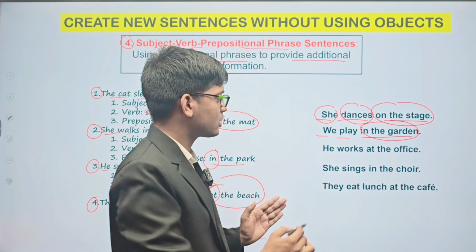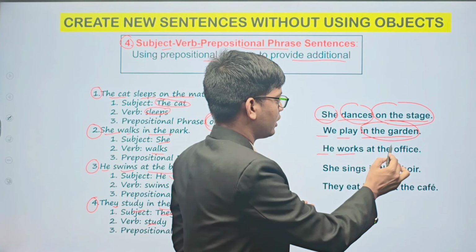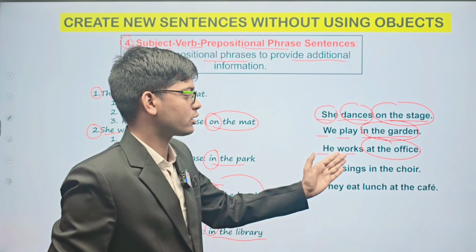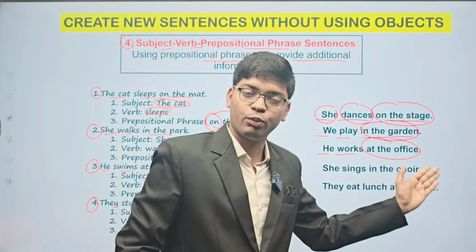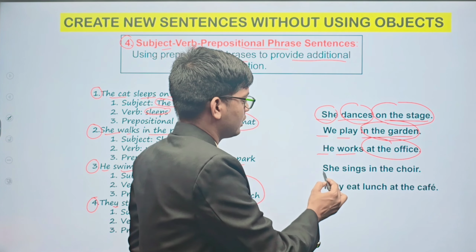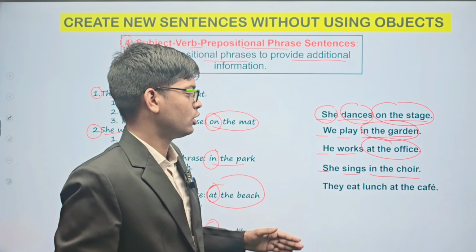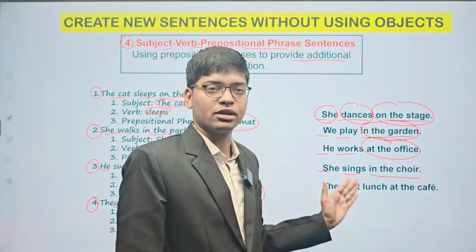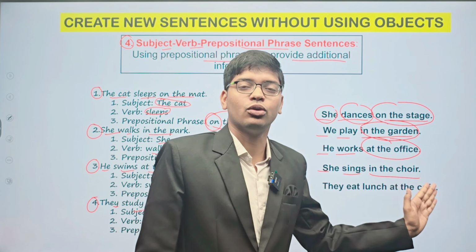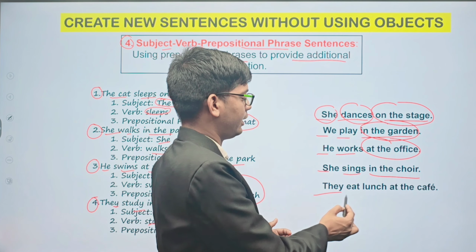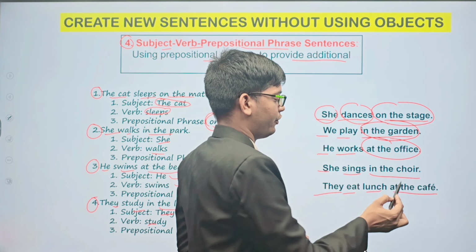Next one, he works at the office. He is the subject, works is the verb, and at the office is the prepositional phrase. She sings in the choir. She is the subject, sings is the verb, and in the choir is a prepositional phrase. Next one, they ate lunch at the cafe.